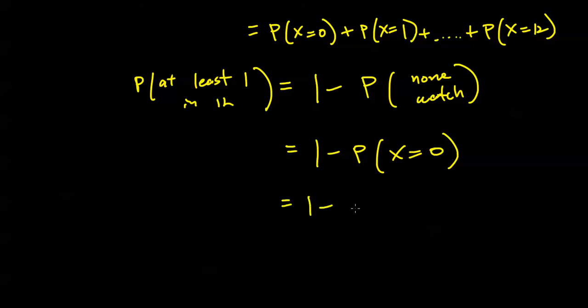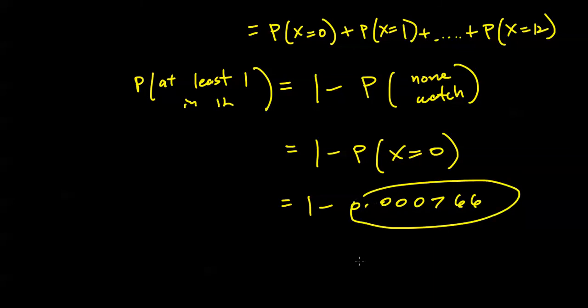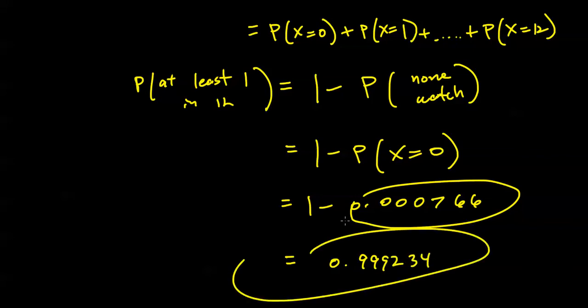It's 1 minus 0.000766. If I punch that out on my calculator, I suppose 0.999 would be a good enough answer, but since I've got the calculator here, I'm going to be a little more accurate: 0.999234. Alright, so that's part B.